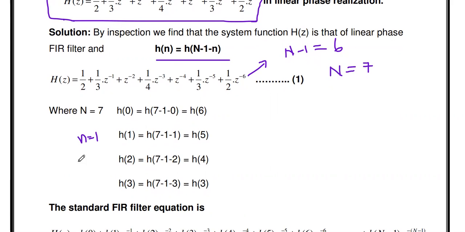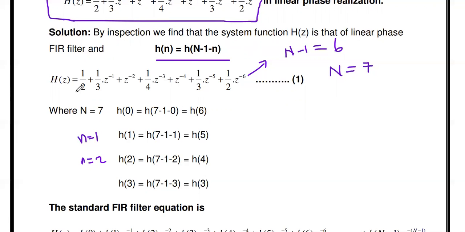Similarly, for n equal to 2, h(2) and h(4) should be equal. And h(3) equals h(3), so h(3) is unique. If this condition is satisfied, that is h(0) and h(6) equal, h(1) and h(5) equal, h(2) and h(4) equal, then the given filter is a linear phase FIR filter.